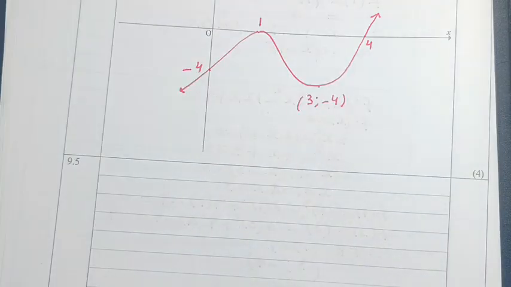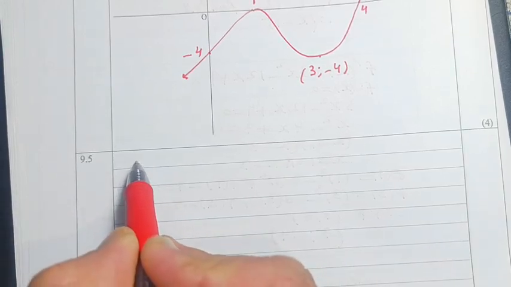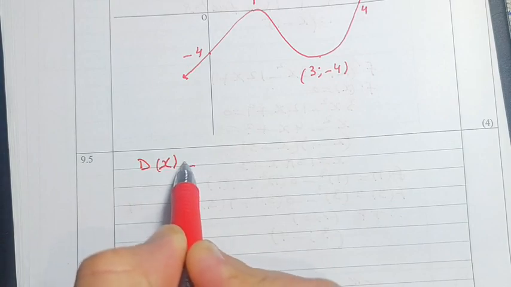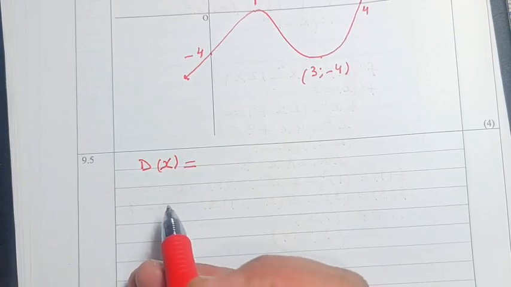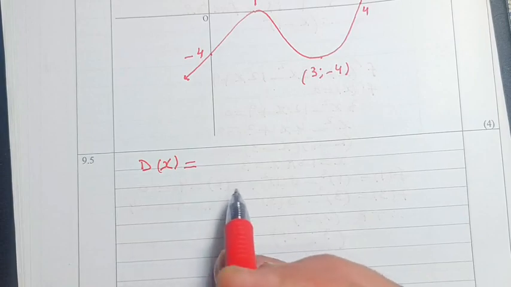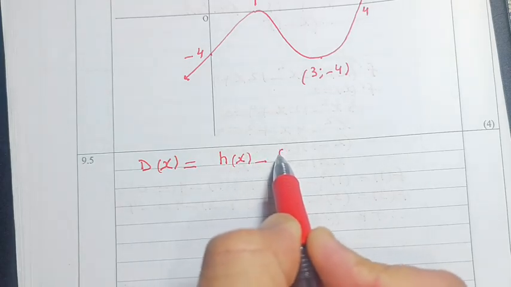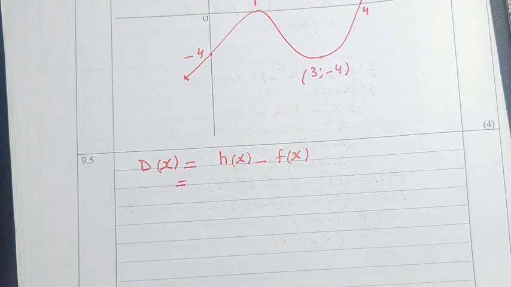Earlier I showed you the explanation of h, and now from here the real calculation starts, which you're going to show in the exam. So the distance we denote with d of x. We're going to differentiate with respect to x to find the maximum distance. So it's going to be h of x minus f of x. Now we're going to find the distance. h of x, I told you.